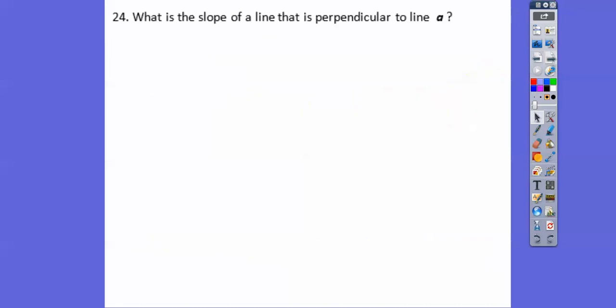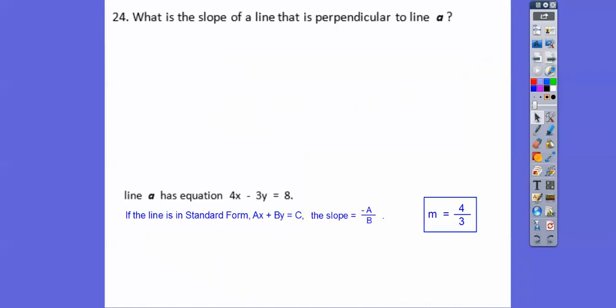The next one asks, what's the slope of a line that's perpendicular to A? Here's A, so A is 4/3 again. Perpendicular slopes are opposite reciprocals. Since this slope is positive, I know a perpendicular slope is going to be negative, and we flip it, so it's going to be -3/4.